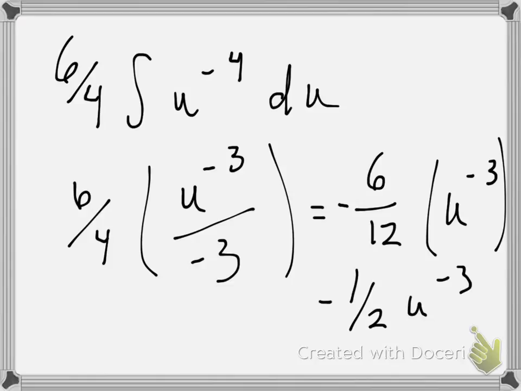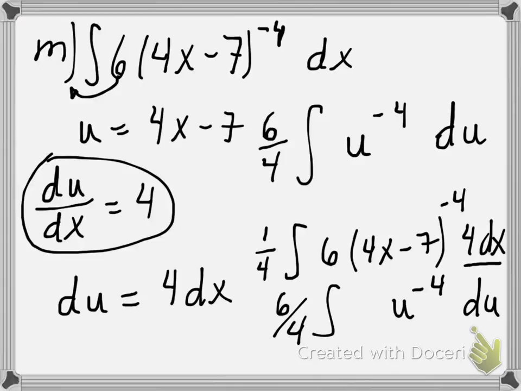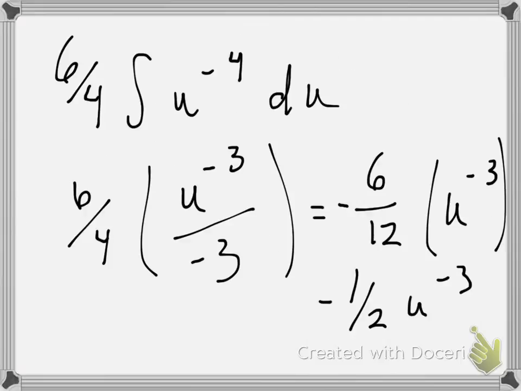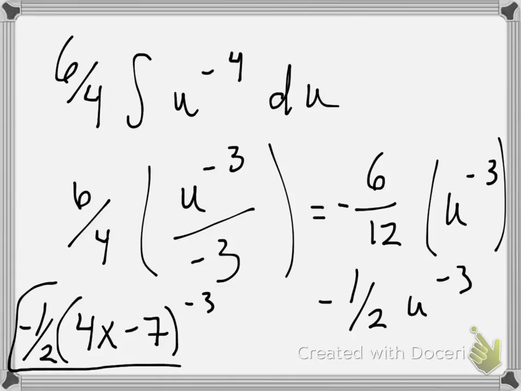And then typically you want to write this in terms of x. So we undo the substitution, or that is to say we replace our u with 4x minus 7. So 4x minus 7 to the negative 3 times negative 1/2 is our antiderivative.